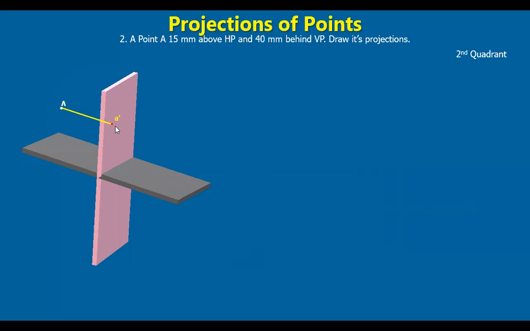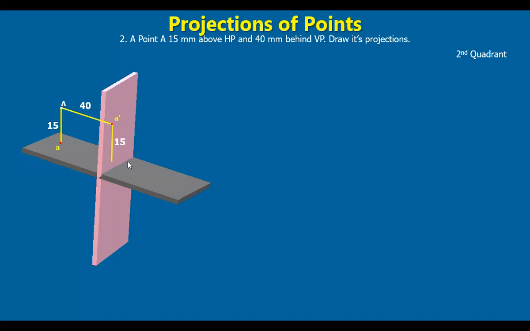This is called A dash, right? This distance is 40 mm. Similarly, draw a perpendicular onto the horizontal plane and you get at a distance of 15 mm the projection on the horizontal plane. This is called the top view. That's why it is indicated with the small letter a.